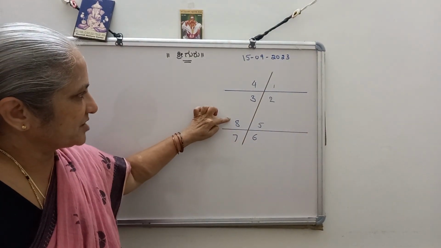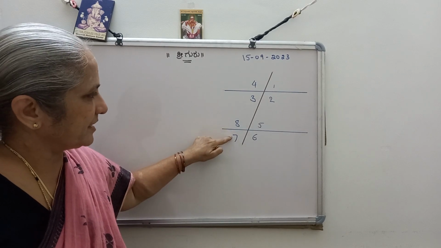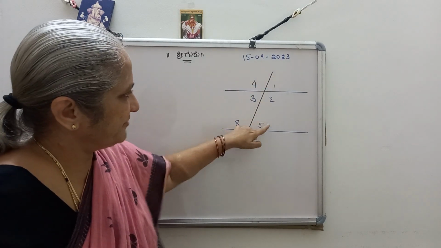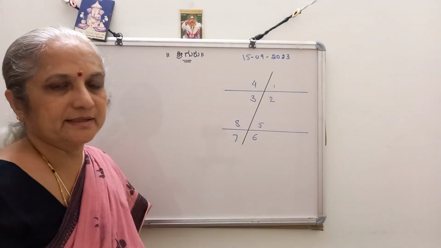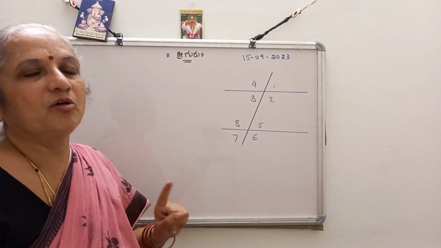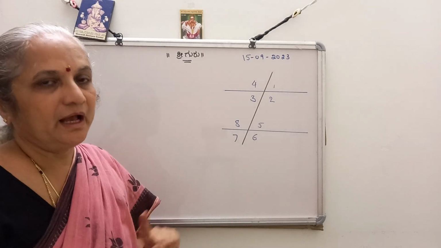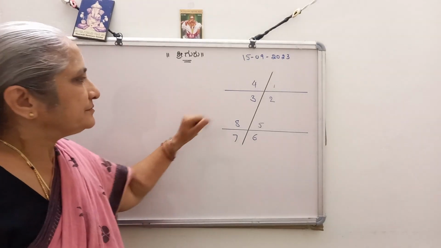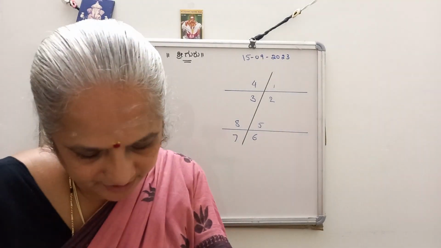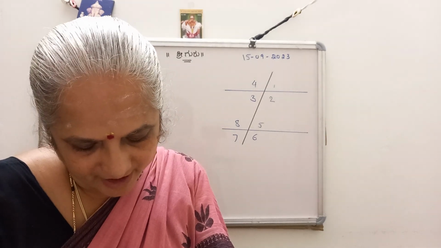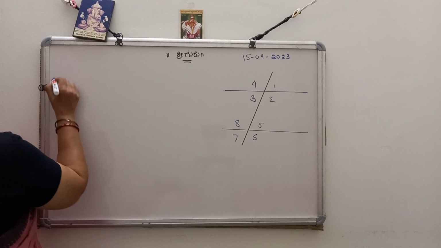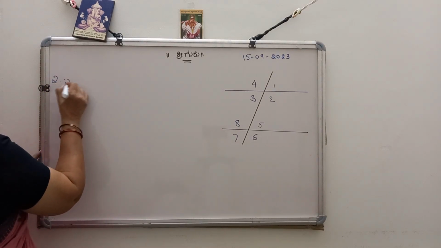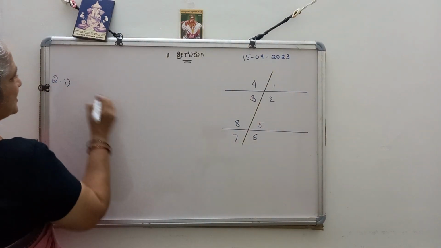4 and 8 are corresponding angles. 3 and 7 are corresponding angles. 1 and 5 are corresponding angles. 2 and 6 are corresponding angles. Corresponding angles are always as a pair and they are equal. So what is the question? Identify pairs of corresponding angles. The first question is identify the corresponding angles.